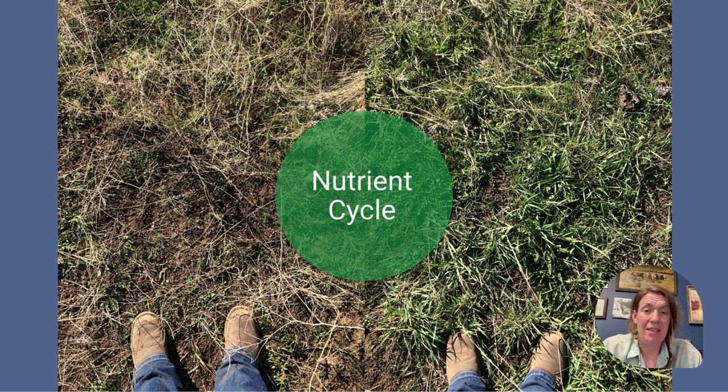Nutrient cycle. This is how effectively we are moving minerals through the system. A lot of times we're using the tool of a grazing animal's gut to accelerate that nutrient cycling.